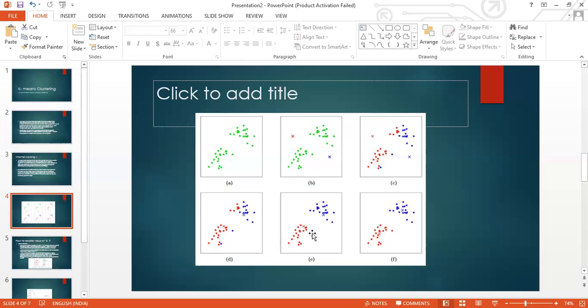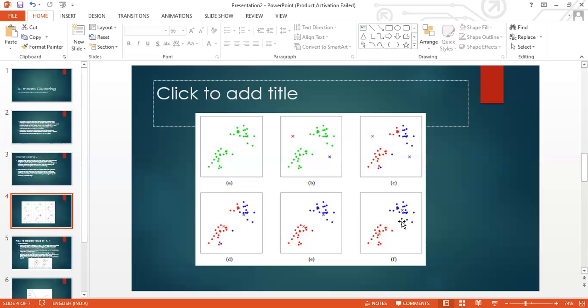So this process will continue until this centroid becomes stable at one point. It doesn't move any further, and it becomes stable. So at that point, we have got this final cluster. We have got this red one, and we have got this blue one.